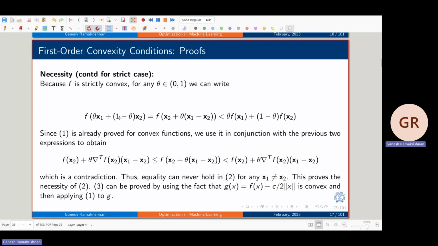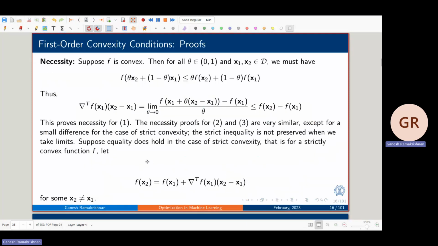Okay, so that is a little more work. I basically write for any theta in the open interval between 0 and 1. We are going to use the property of convexity, which is already proved, which is this inequality, gradient less than or equal to this. But we also use strict convexity in conjunction with the other two expressions. So this is what we proved, right?